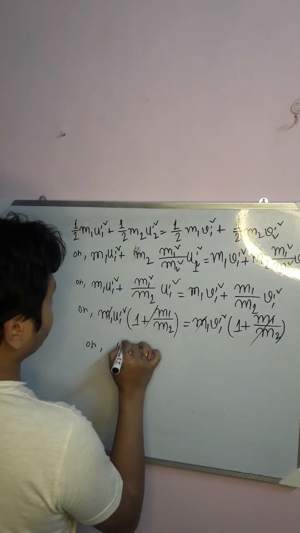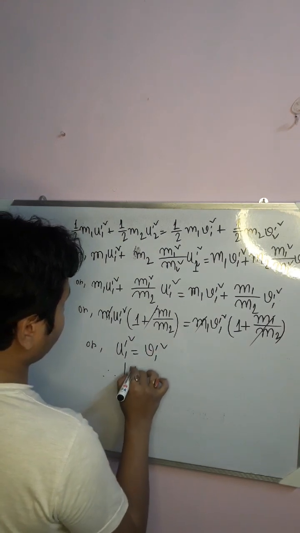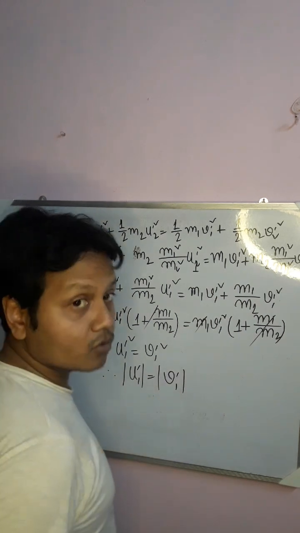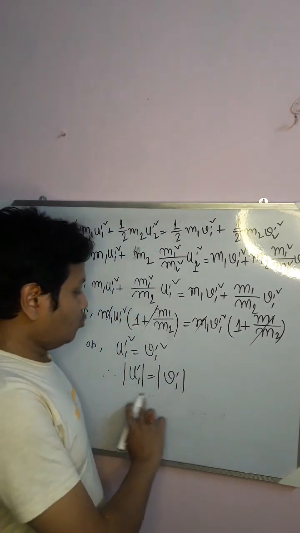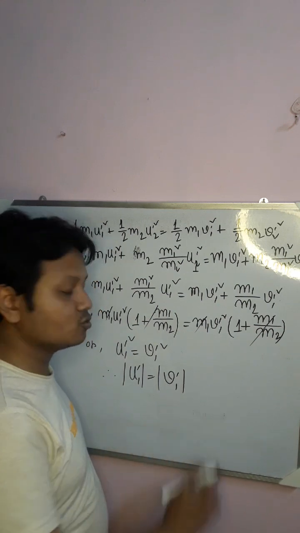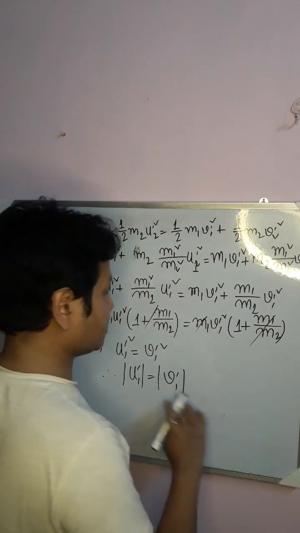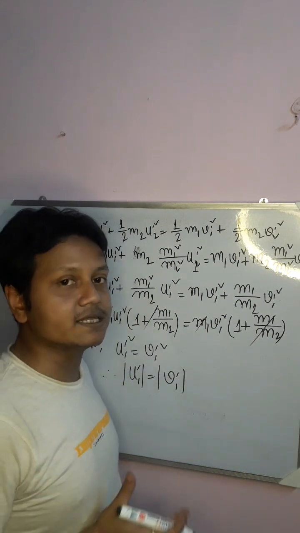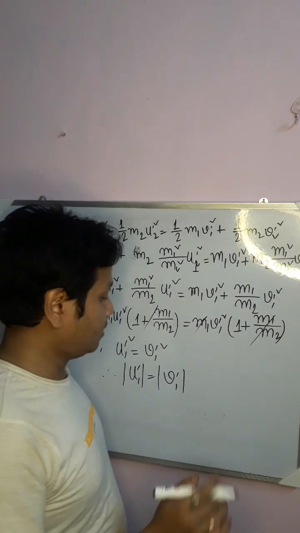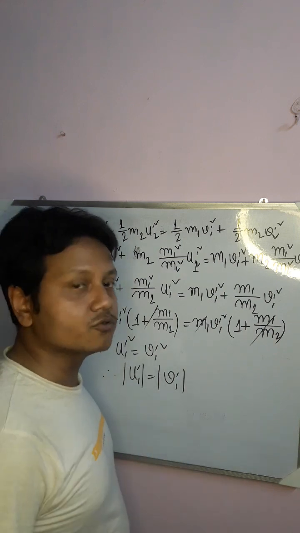So u1 dash square equals v1 dash square, so we can easily write mod u1 dash equals mod v1 dash. We see that the magnitudes of velocities before and after collision are equal, but previously there was a minus sign if we don't take the mod. That means the velocities are the same in magnitude but in opposite direction.